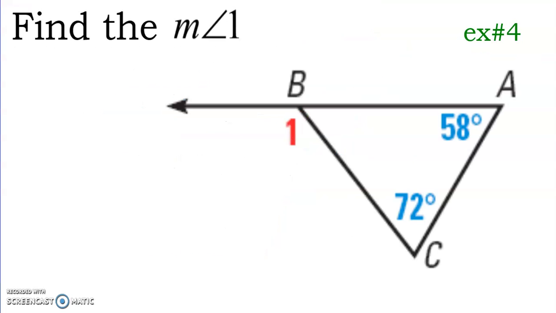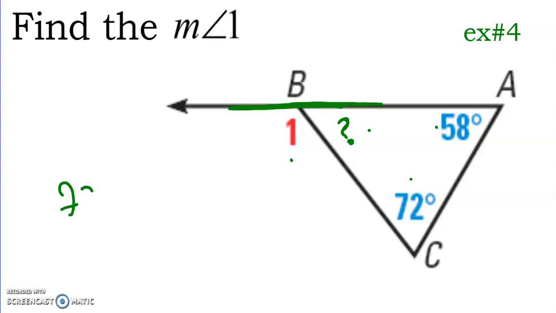So we're going to use some previous knowledge here to help us find the measure of angle 1. You can see here that this is a line. So we know that the measure of angle 1 and the measure of this angle here are going to add up to 180 since they make a straight line. We can use what we learned today to find this missing angle measure because we know that the three interior angles of a triangle add up to 180.